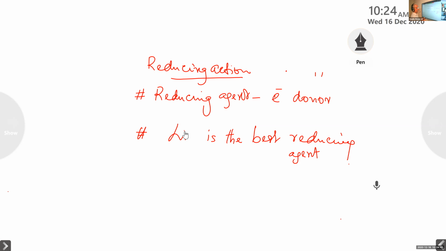Due to high hydration enthalpy, the compounds of lithium are seen in the hydrated form. There will be water of crystallization.